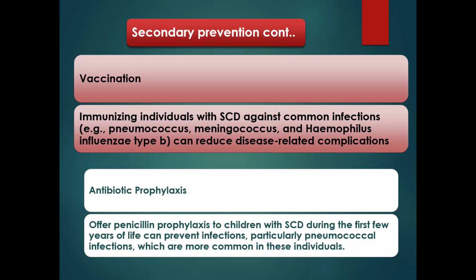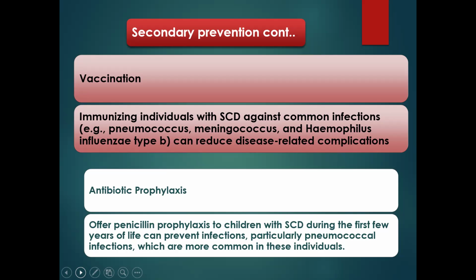And when this happens, it can lead to the crisis that is seen in a patient with sickle cell disease. Another thing done in secondary prevention is antibiotic prophylaxis.